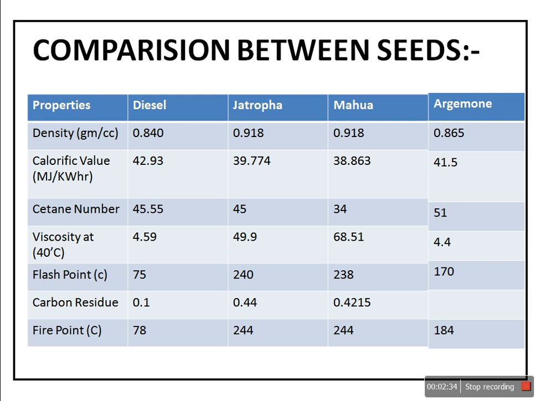This is the comparison between the oils. Properties: density in gram per cc, calorific value in megajoule per kilogram, cetane number, viscosity at 40 degree centigrade, flash point in degree centigrade, carbon residue, fire point in degree centigrade.